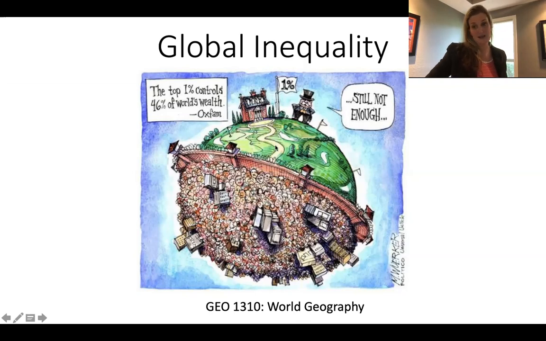That's pretty amazing, right? The top 1% of the world has nearly half of the world's wealth. That's what we mean by the unequal distribution of income. Global inequality studies the unequal distribution of income around the world.